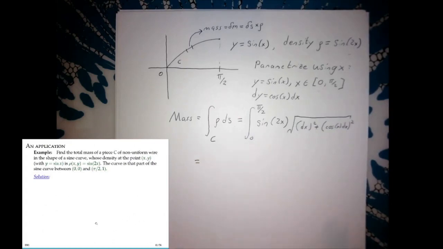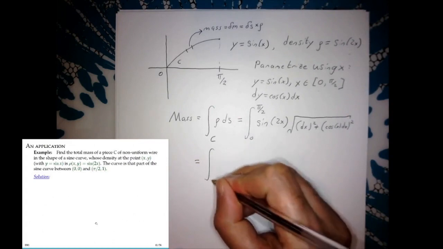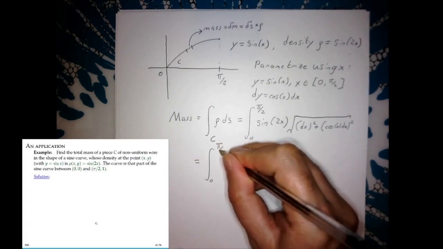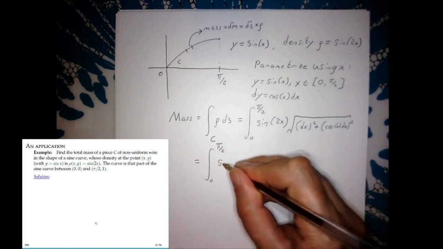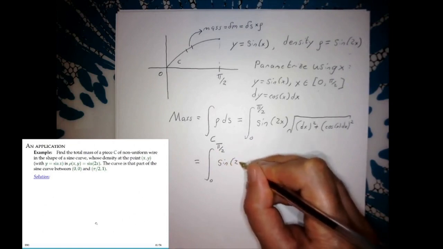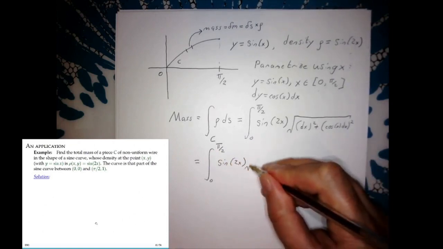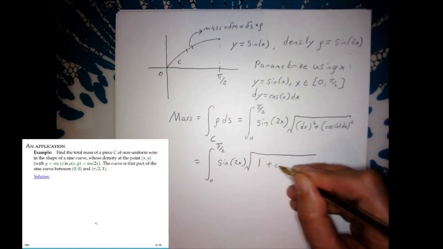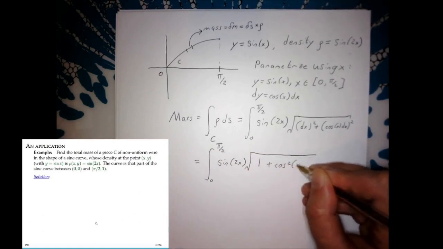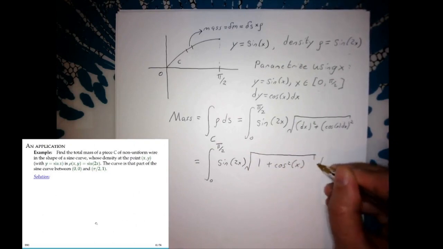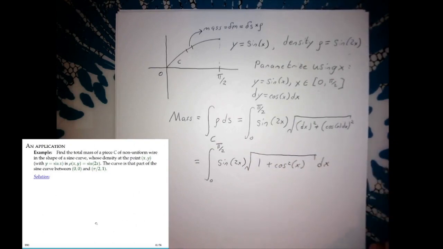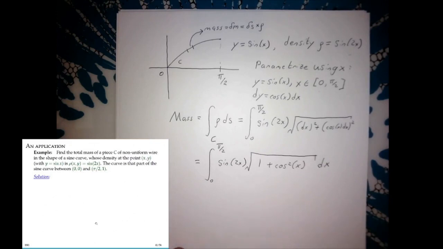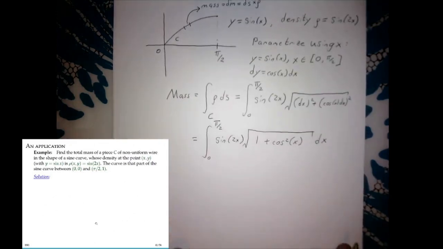All right, as in the previous example, factor out the dx, and we just get a regular integral that we will evaluate. When we factor out the dx, it is 1 plus cosine squared of x dx. All right, this is now an integral of a single variable, the standard integral, and we know how to evaluate it.